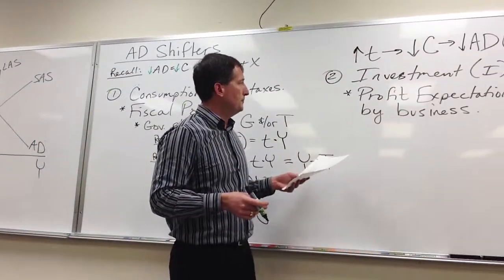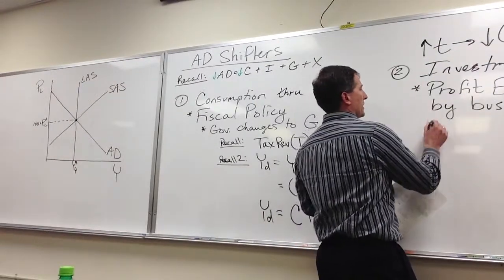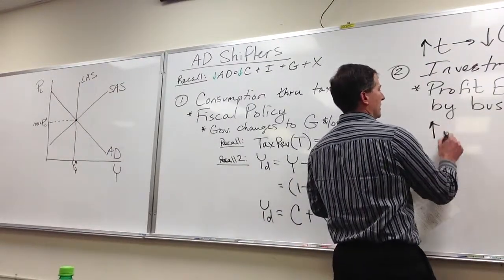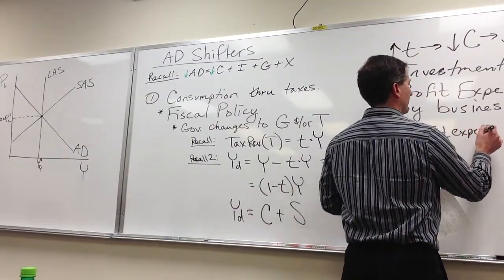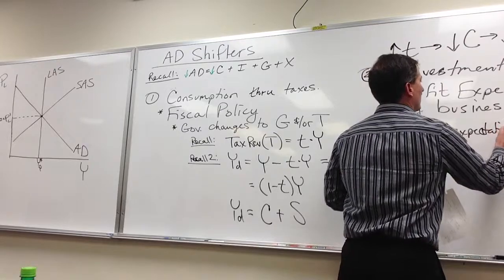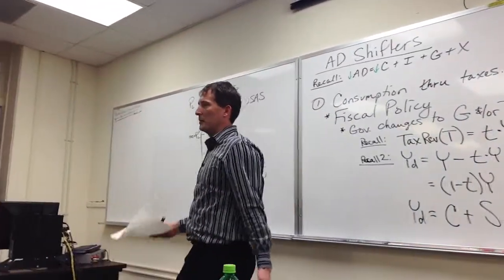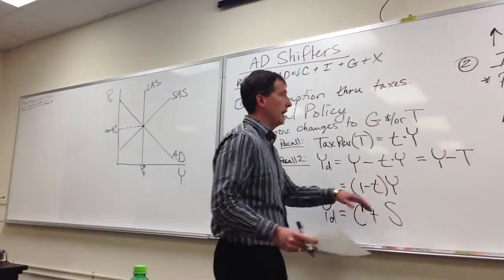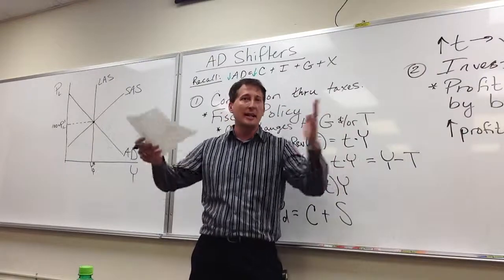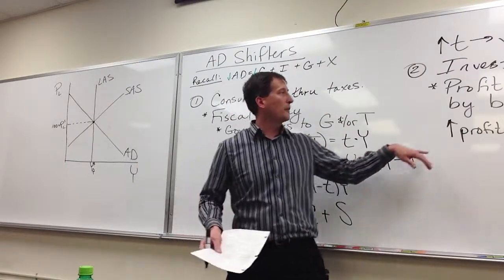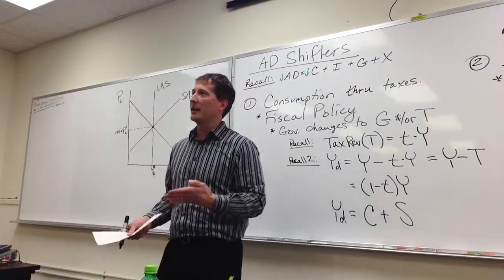Okay. So an increase in profit expectations. So in other words, the Wall Street Journal and business people around are just thinking, you know, I think 2013 is going to be a really good year. And they're just kind of thinking optimistically about the future. How does that affect their behavior today?